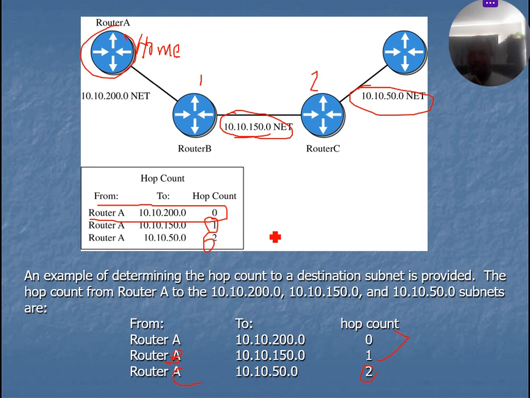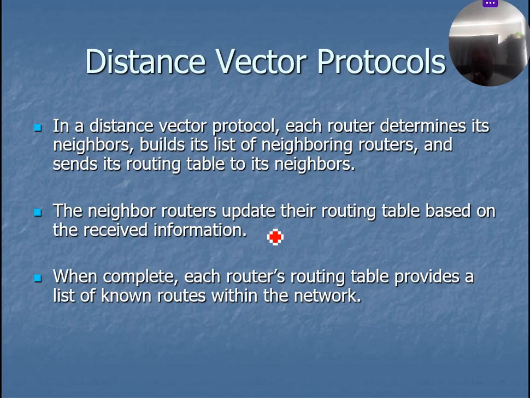Okay, so now let's move on quickly. Distance vector protocols. In a distance vector protocol, each router will determine its neighbors and build its list of neighboring routers, and then send a routing table to all the neighbors. We list them, how many routers are my neighbors, and then forward the routing table to all the neighboring routers.